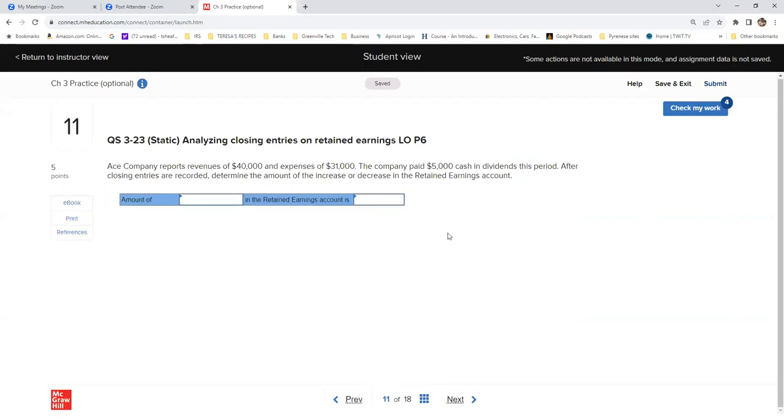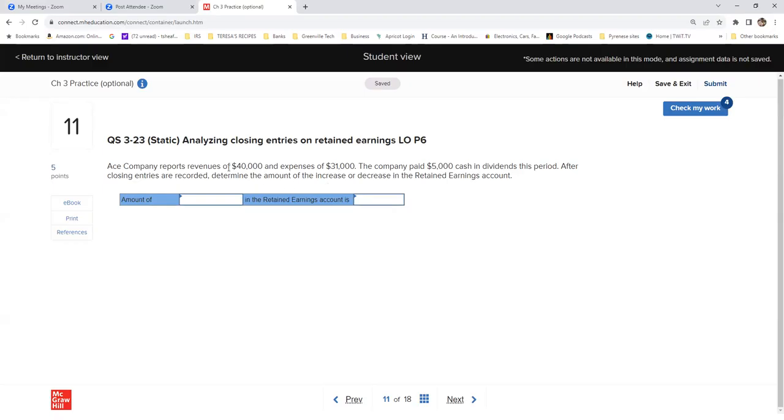All right, next, analyze closing entries on retained earnings. ACE company reports revenues of $40,000 and expenses of $31,000. The company paid $5,000 in cash for dividends. After closing entries are recorded, determine the amount of increase or decrease in the retained earnings account.